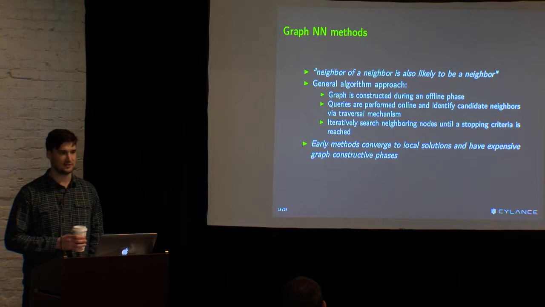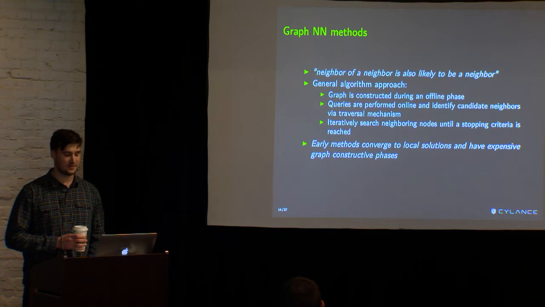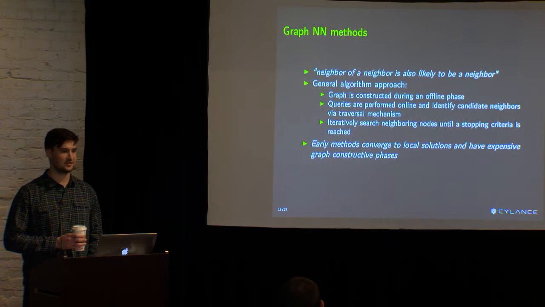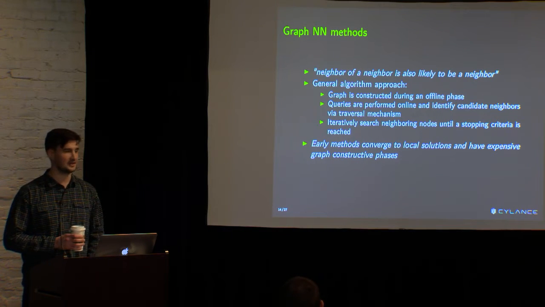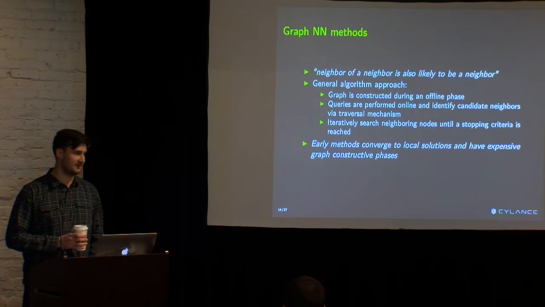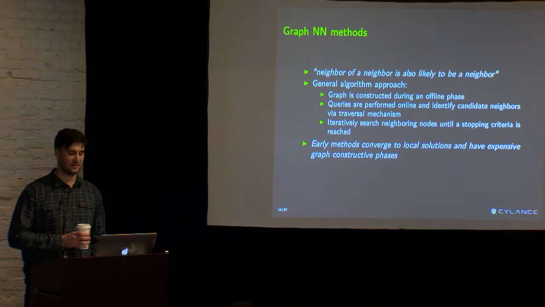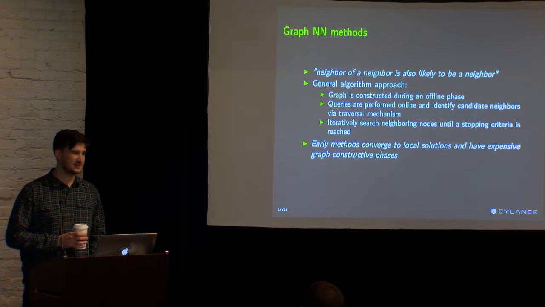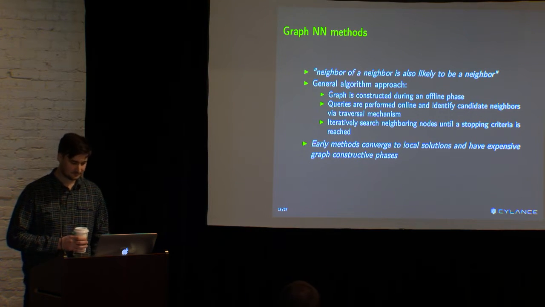In certain types of graphs that are constructed in a way that allows you to efficiently traverse them, you can exploit this concept by selecting and enumerating all the nodes that are connected to your query node. This is constructed in an offline phase for most of these algorithms, and then you query based off of a search or traversal of the graph, and you build up a list of candidate neighbors that you want to do a full distance comparison to.